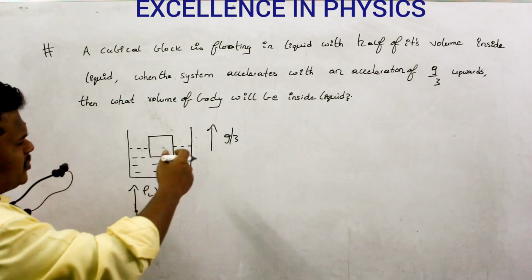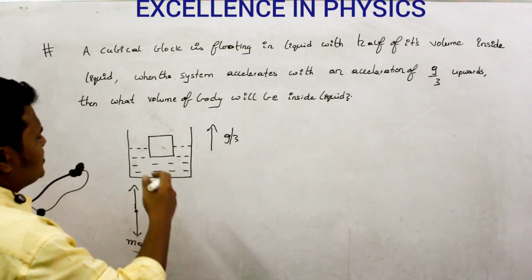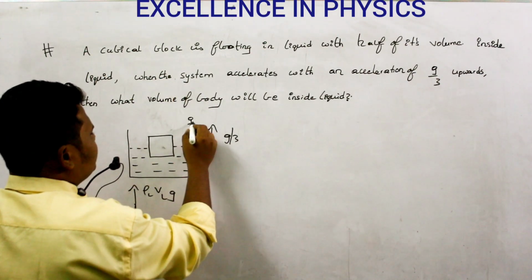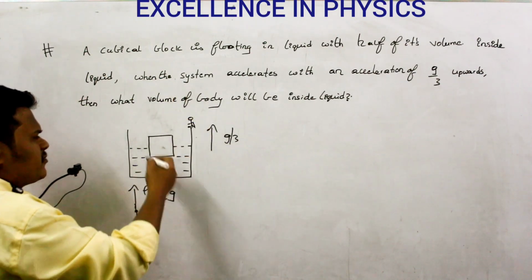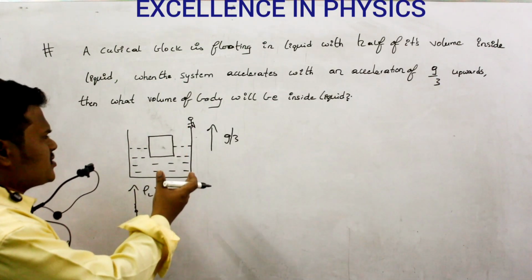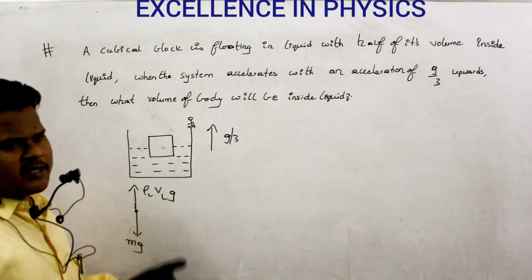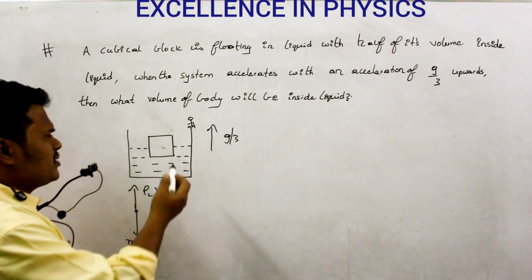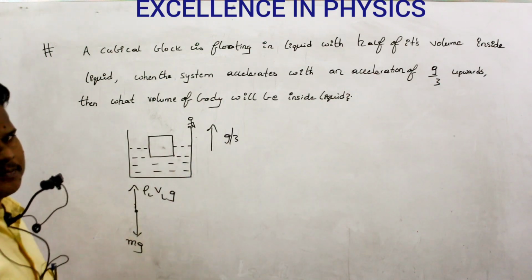So here, if a body is accelerating upwards, or if this total system is accelerating upwards, and if I am observing this system from the non-inertial frame of reference, that is when I observe this system from what you call accelerating frame. So consider an observer is present here. This observer is observing the system.